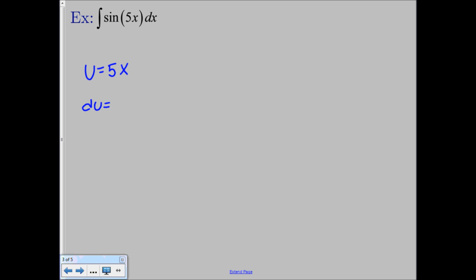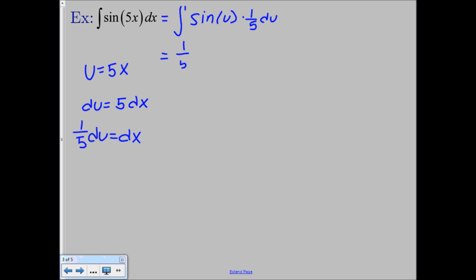If we find our du, we just get 5 dx, which is almost exactly what we have left, so we just need to get rid of that extra 5. Just multiply both sides by 1/5 to get your dx. And now all we have to do is change this to being the sine of u times 1/5 du. Now that our whole integral is in terms of u, I can pull that 1/5 out.